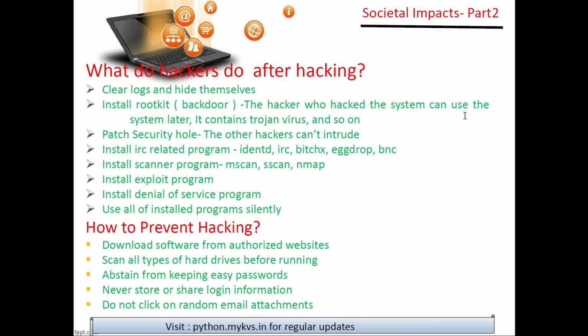You should have a combination of characters in the password that must contain a small letter, capital letter, numeric, and special character. Those are very important. Never store or share login information with others. Do not click on random email attachments. Whatever emails are coming to you, don't do that.